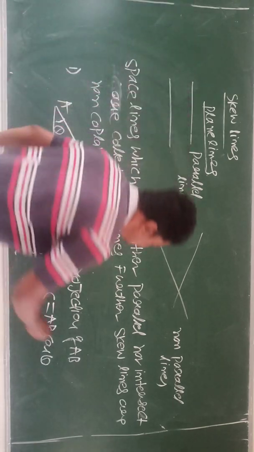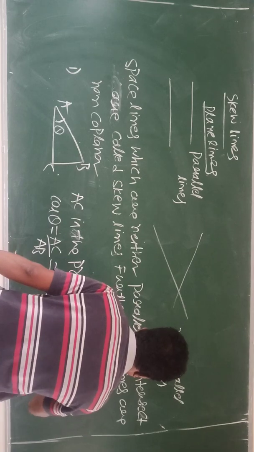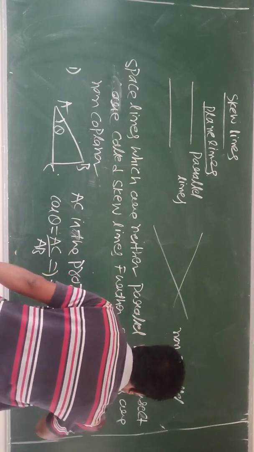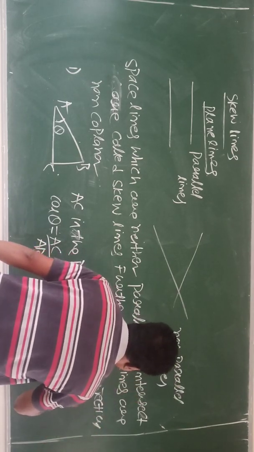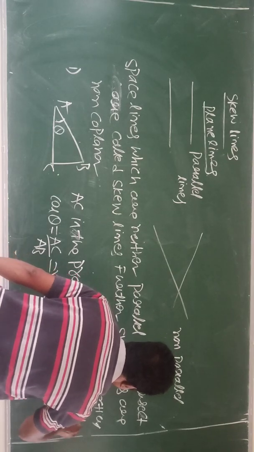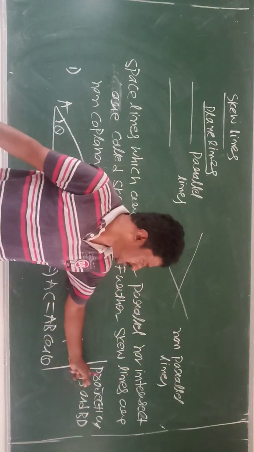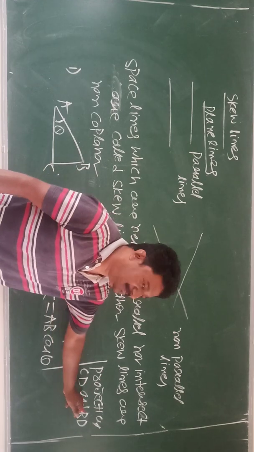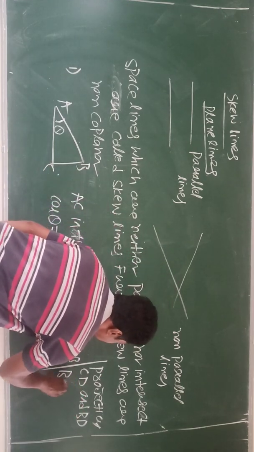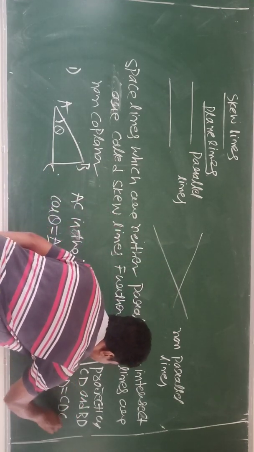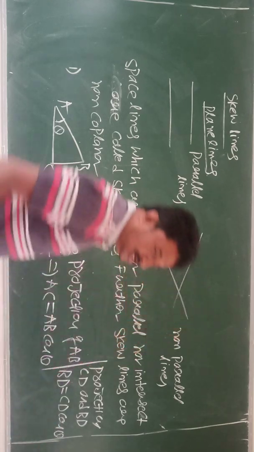Similarly, the projection of CD on BD. You write this, students. Projection of CD on BD is equal to CD cos theta. Try to understand this.